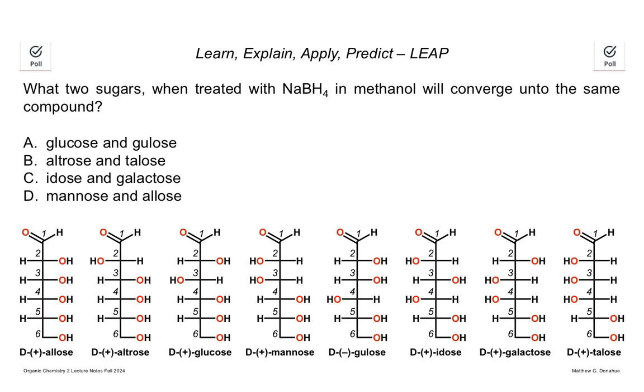So I'll show you the answer, and then we'll sort of draw some things out. So B is going to be the correct response. Altrose and talose both converge into the same compound. So when you reduce altrose, it becomes this.